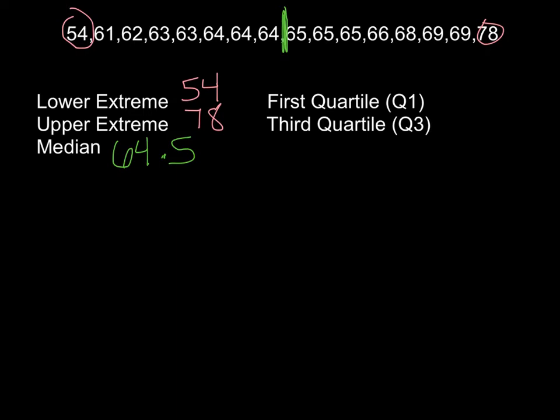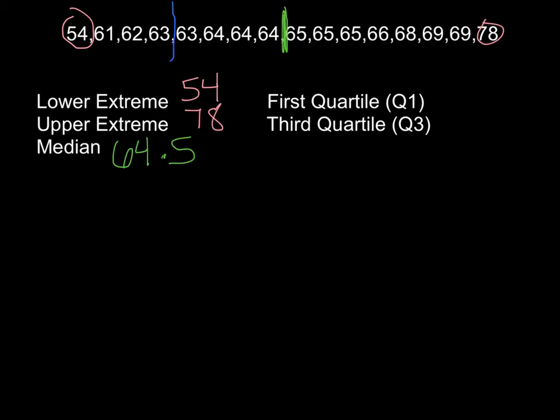Let's find our first quartile. In our first half of the data set, we have 8 values. Therefore, our median is going to be in between our 4th and 5th value. So 1, 2, 3, 4. The median will be between these two 63s.